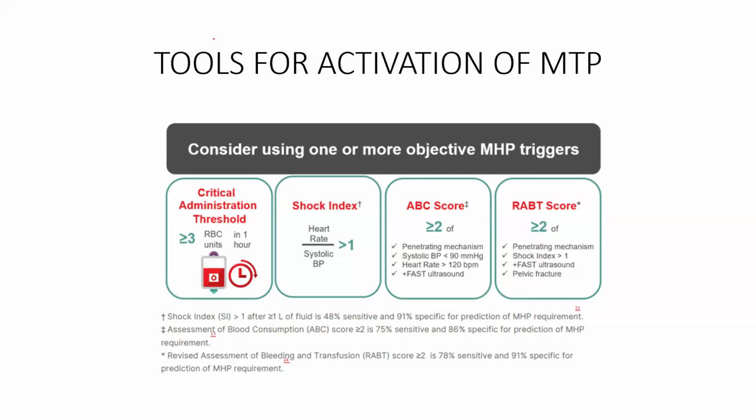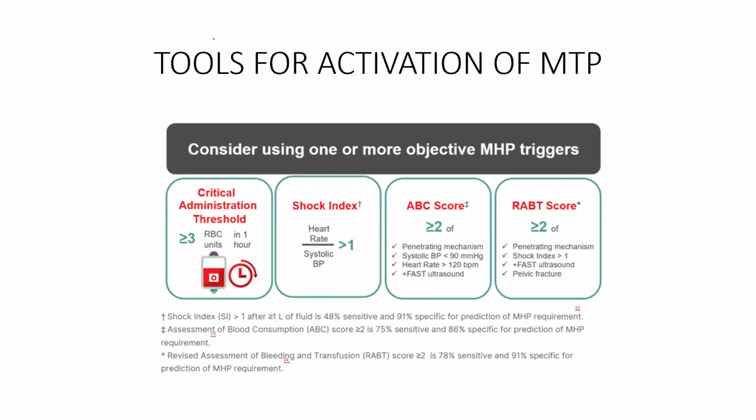Similarly, the RABT score has the same things along with three more parameters. What you need to remember is that RABT does not consider heart rate or systolic blood pressure separately, but takes into consideration the shock index. So it is actually a better tool as compared to ABC or shock index alone. That is the best point of the RABT score. RABT is the abbreviation of revised assessment of bleeding and transfusion.